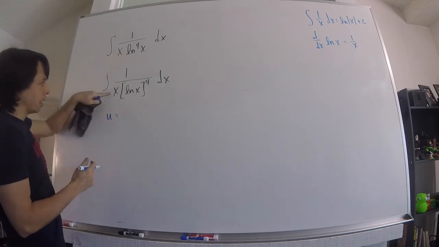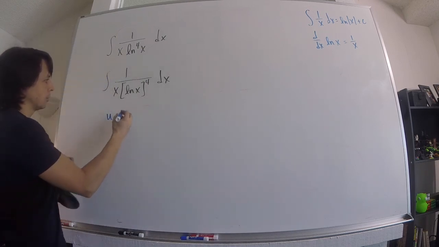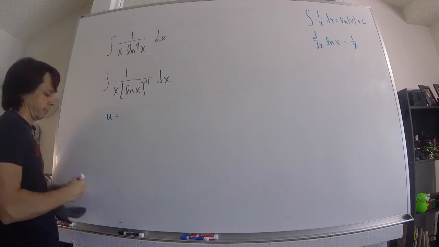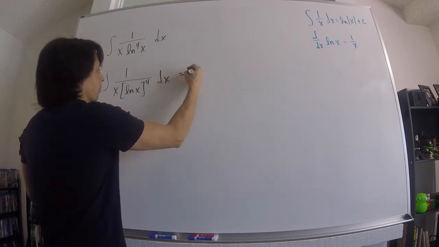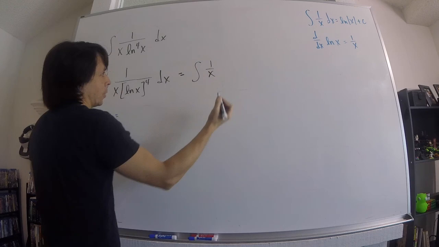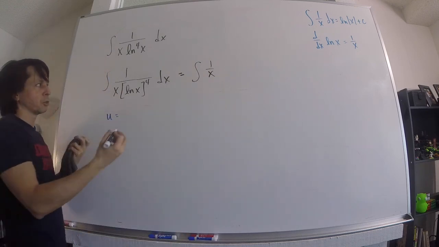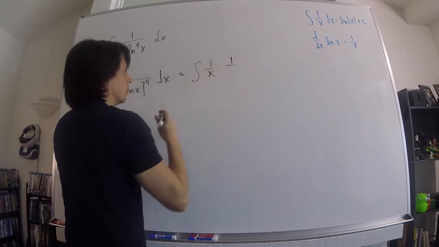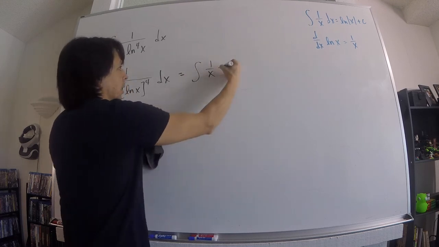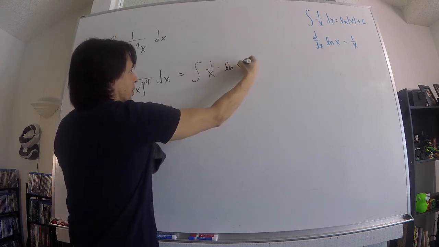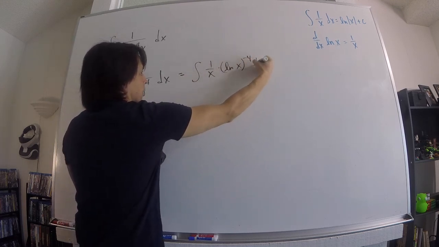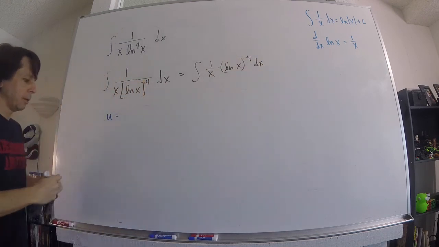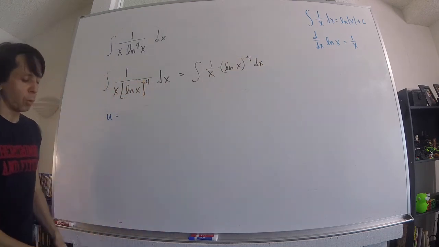It is an x in the bottom, though, so I could think of it like I do have a 1 over x in this expression if I interpret it that way. Maybe I can interpret that ln fourth on the bottom as ln of x to the negative 4. So I can think of it that way, and maybe I can get away with u is equal to that 1 over x piece.